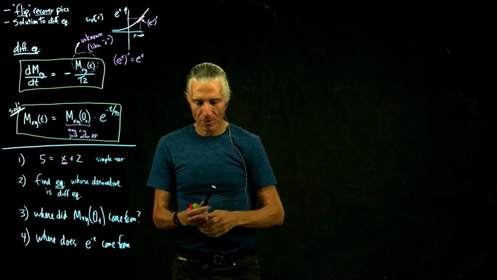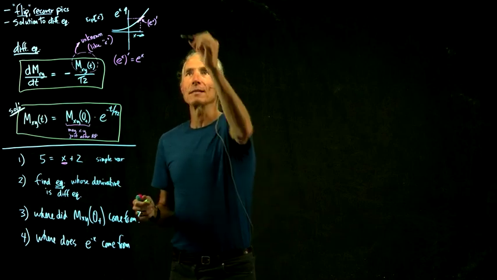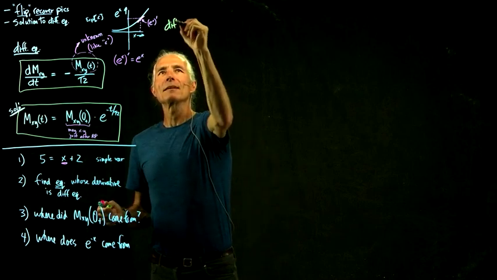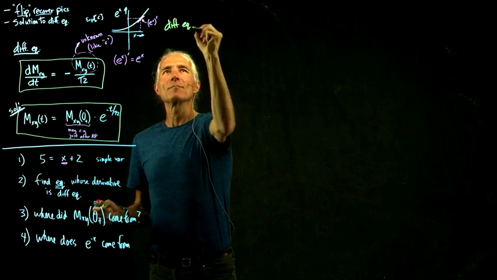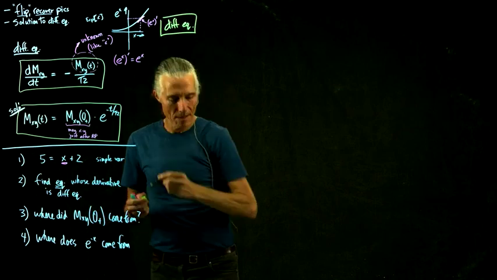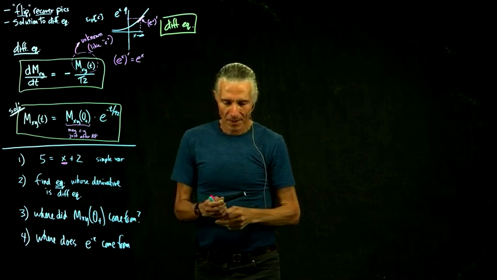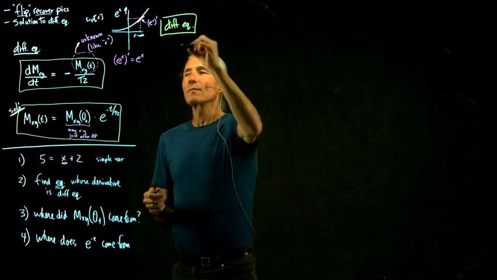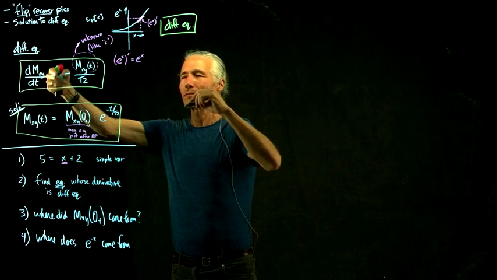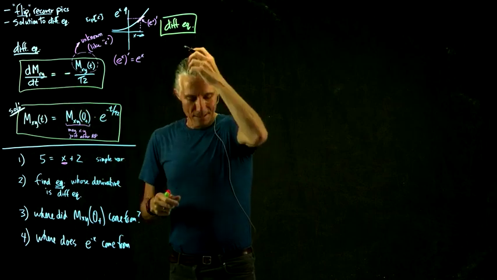So we start off with the differential equation, and this time we're just going to write it a little more facelessly. Here's the differential equation, and we'll just write it out with an apostrophe to get rid of some of the junk so we can concentrate on the main points.